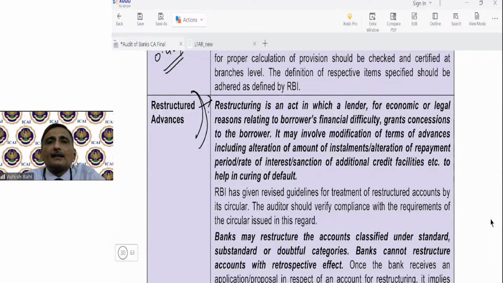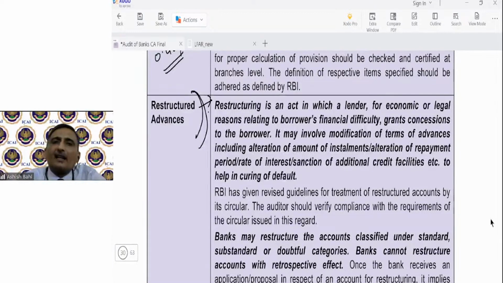So the bank management, the competent authority in banks, may grant concessions on a case to case basis. Like they may extend the terms of payment.